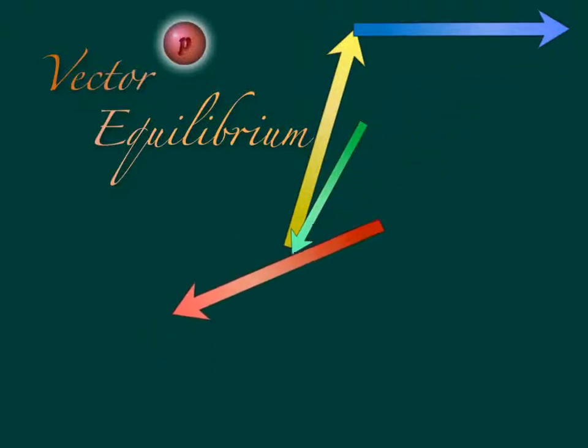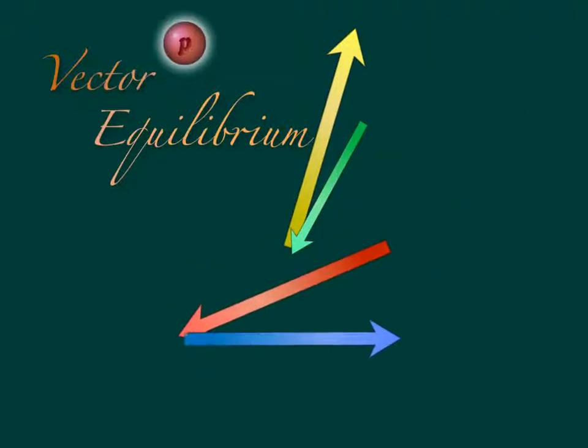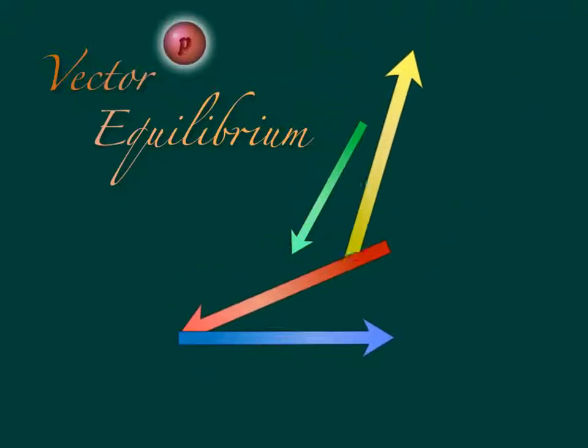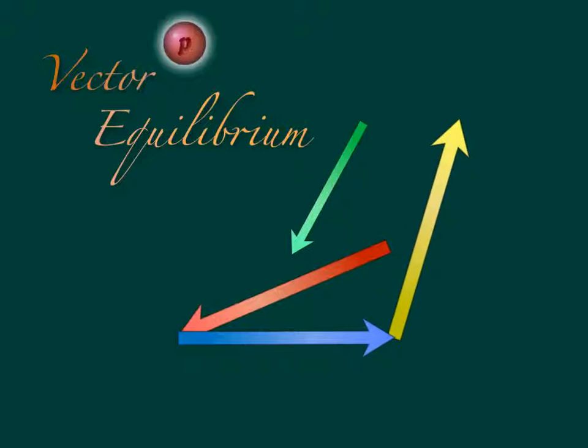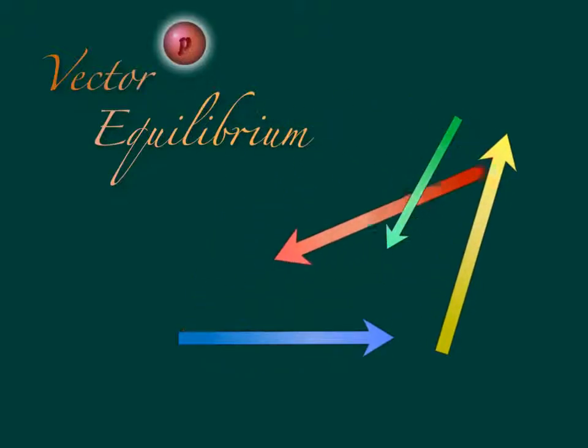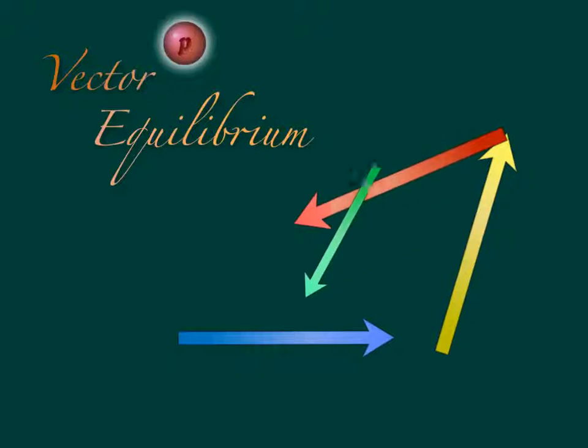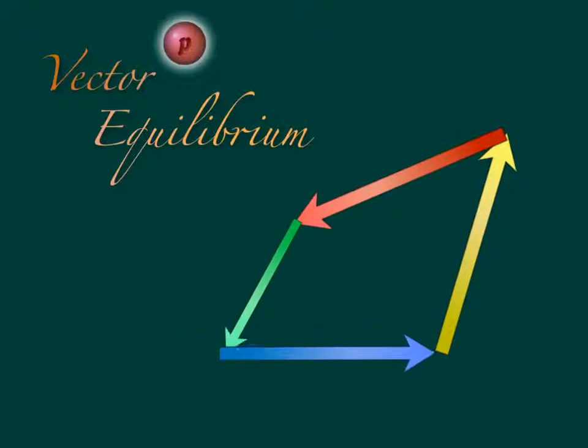If I take this red one and add this blue one and add this yellow one, the green one closes it again. It doesn't matter at all what order we do this, or which one we start with, which one we end up with. It keeps forming a closed shape. And that happens for any set of vectors where the total is 0.